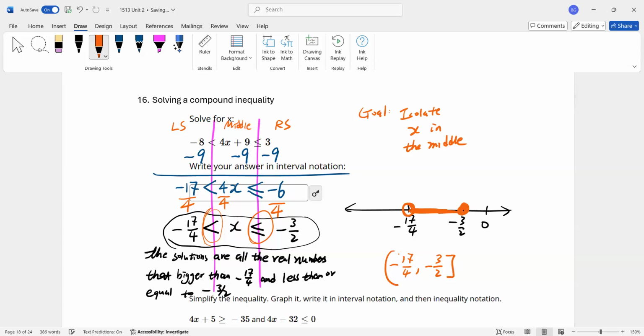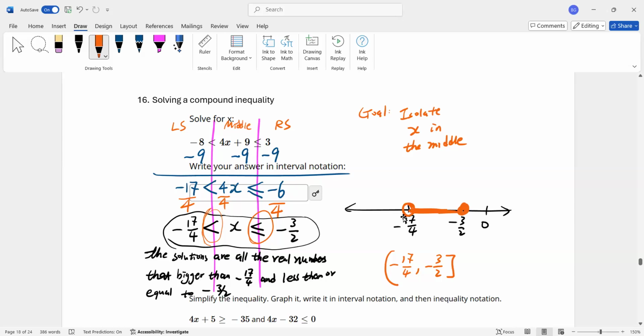Anybody understand why we use parentheses to frame the left endpoint, but use a bracket to frame the right endpoint? Anybody understand that part? When it's a filled circle, it's a bracket. When the circle is open, it's a parentheses.